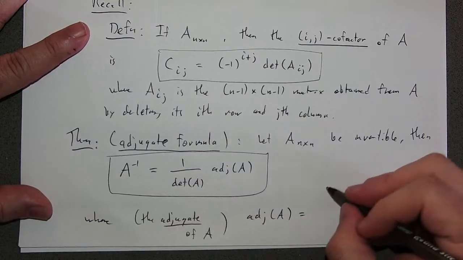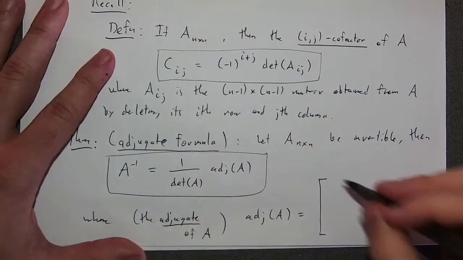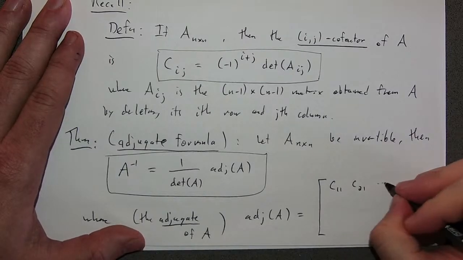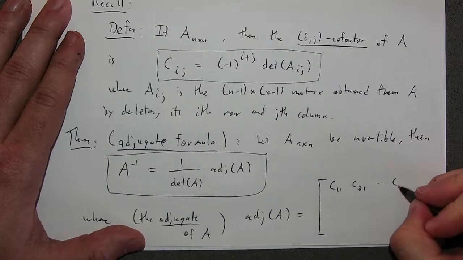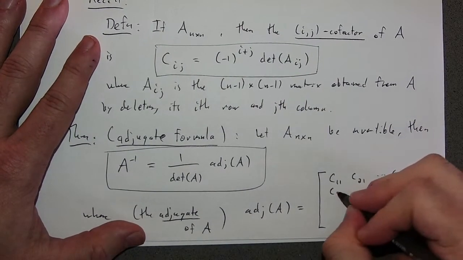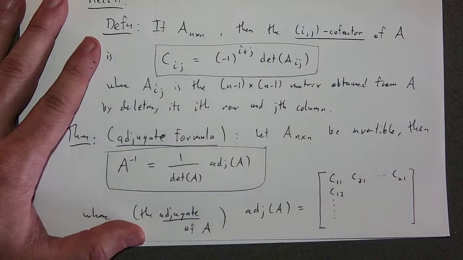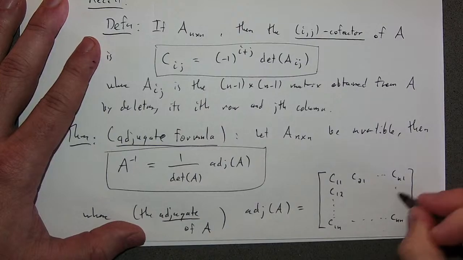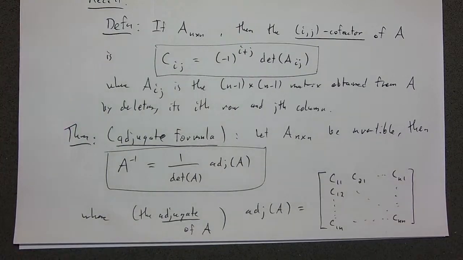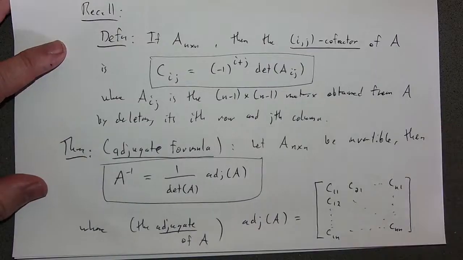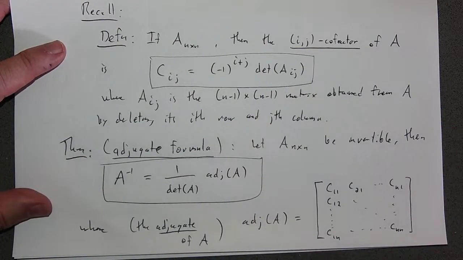The adjugate of A is the matrix that contains the cofactors like this. You might notice that the roles of column and row in the indices have been changed here. To make sure that you understand that, I'm going to write it again here. This is how the adjugate is computed.